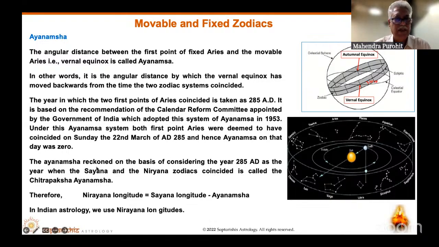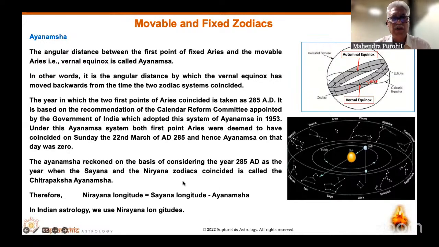He suggested that 285 AD was the year of coincidence, the exact date being 22nd March 285 AD, when the Aries 0 point as per our Nirayana system and the vernal equinox were at the same point.